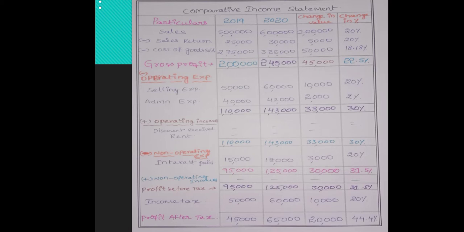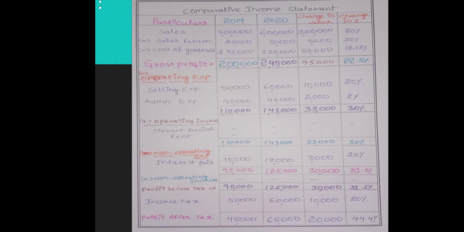Next, change in value, 2 lakh 45,000 minus 2 lakhs, we get 45,000 as the change in value. 45,000 divided by 2 lakhs into 100, we get change in percent, 22.5% is the gross profit percent. So like this we will calculate the gross profit.